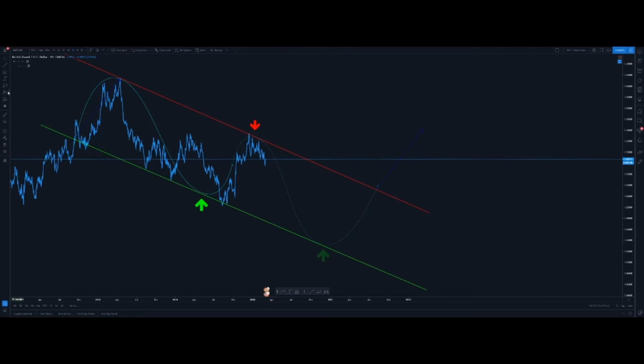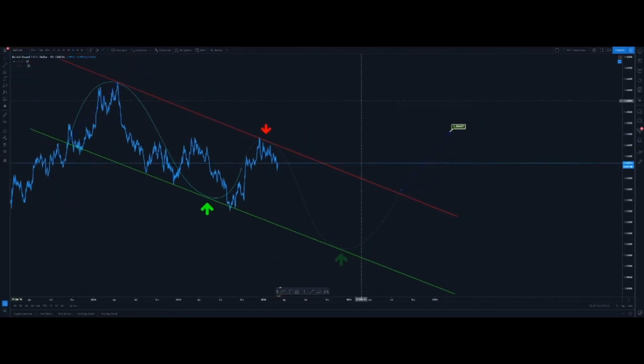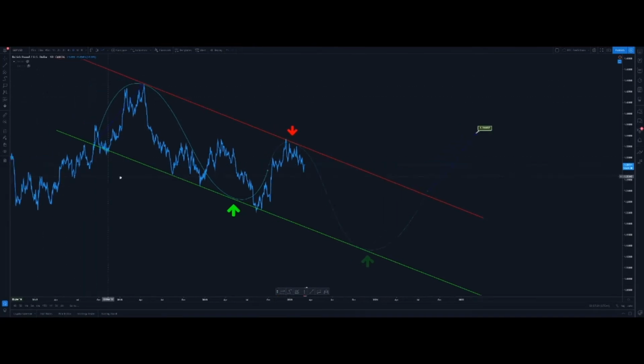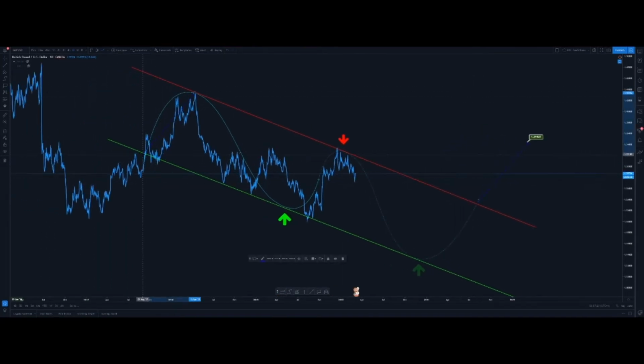So this should be the first potential target around this price action level, and the second option would be pulling this, extending this from the previous breakout point somewhere over here.